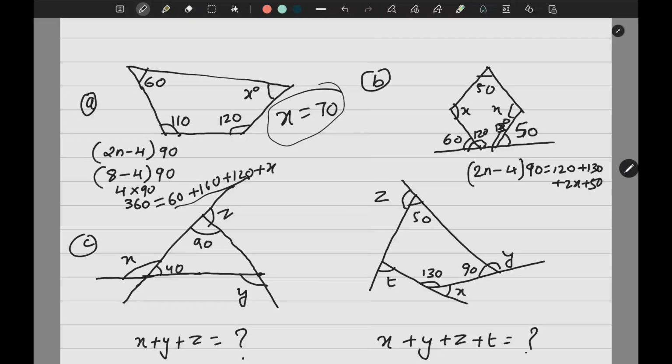And what is n here? 1, 2, 3, 4, 5. 5 2s are 10, 10 minus 4 is 6. So 6 into 90 is equal to this sum. Right? So now I will find out the value of x. All of you calculate this and see, you will observe that the value of x is 120. Check your answer whether it is 120 or not. Now look at the next question.